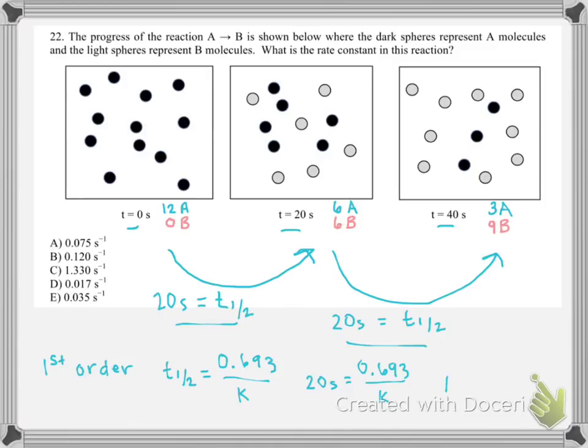And when we solve that, we get that k is equal to 0.0347-ish. This is going to be seconds inverse. And so that matches pretty closely to E.